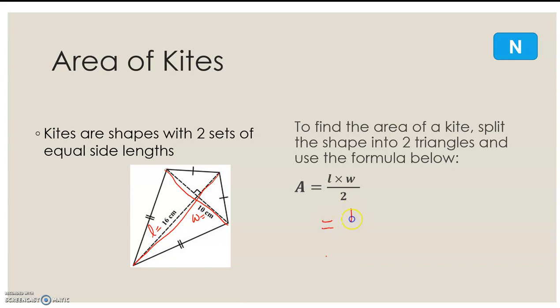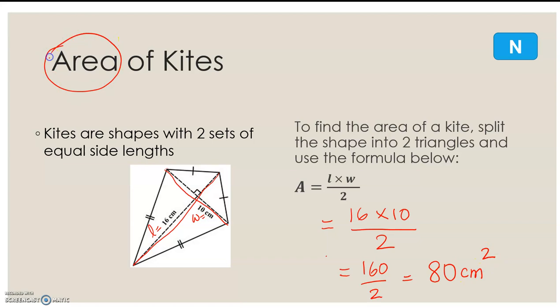And so then I do 16 times 10 over 2. That's 160 divided by 2, which is 80. And so my final answer is 80 centimeters squared, because area is always going to be squared units.